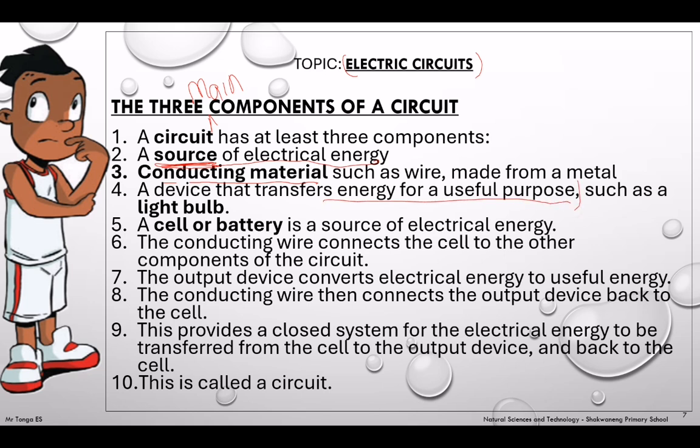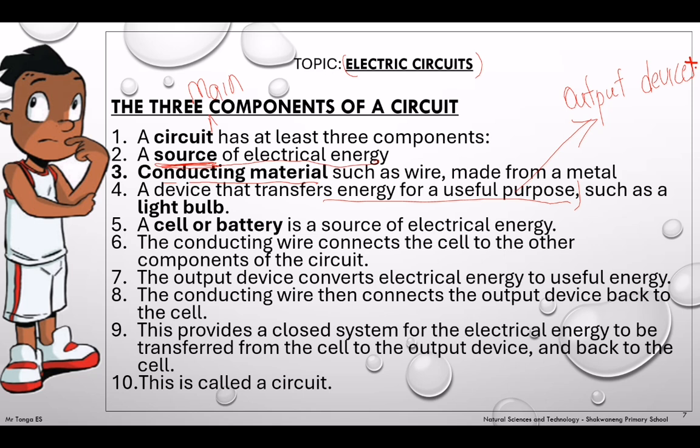Now, these devices, most of the time, we refer to them as output devices. And these are important because they take the energy from the source and transfer it into something that we can use every day. Let's go into more details in this.